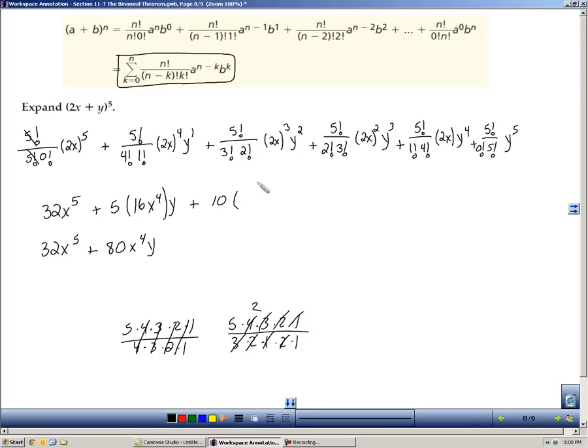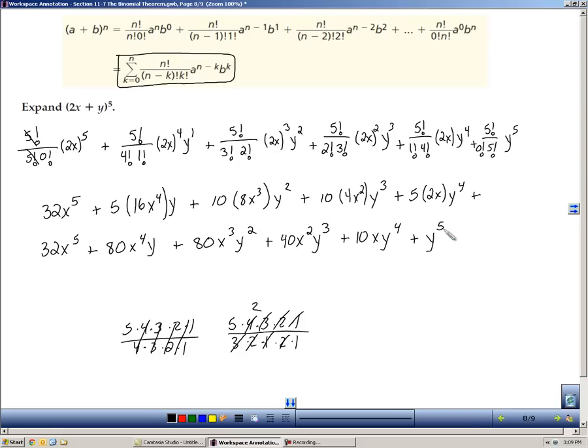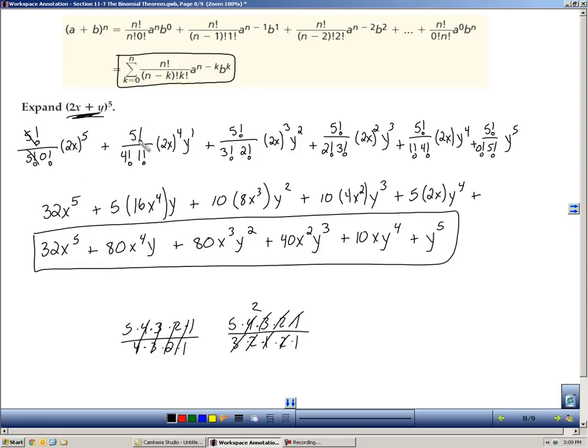So this will be a 10. 2 cubed is 8. X cubed, y squared. Further simplifying, 8 times 10 is 80. X cubed, y squared. So that's what this entire binomial to the 5th power is, expanded out by using the sigma notation and the factorial form of the binomial theorem.